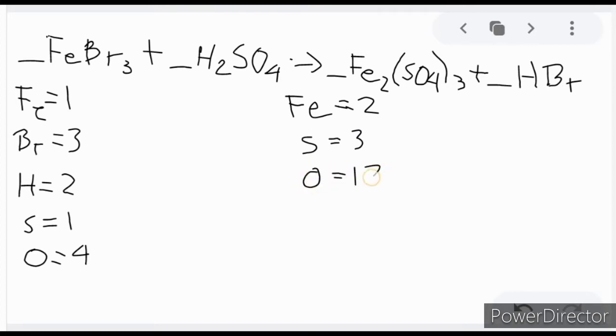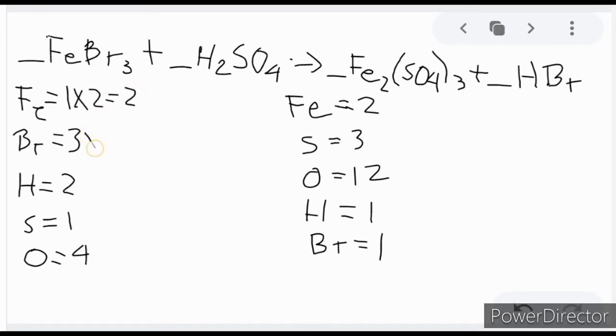So O has a value of 12. Then we also have element H, which is equal to 1, and Br, which is equal to 1 also. So the first thing is just look at the left side. So Fe is equal to 1, and Fe on the right side is 2. So multiply it by 2, we get 2.